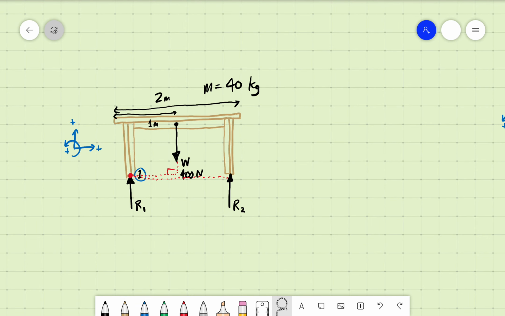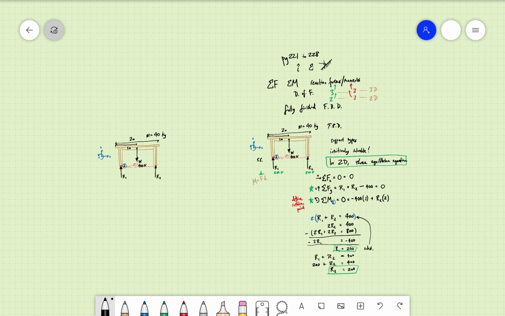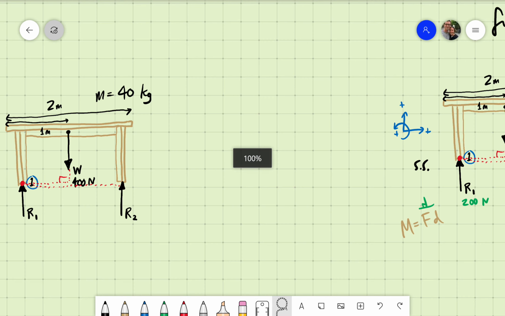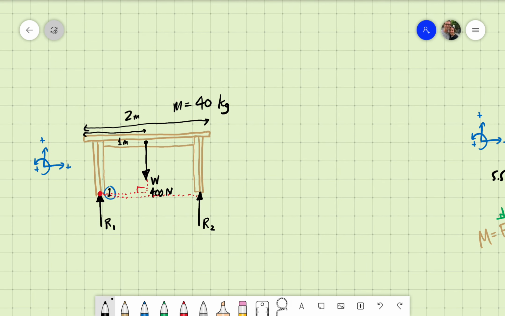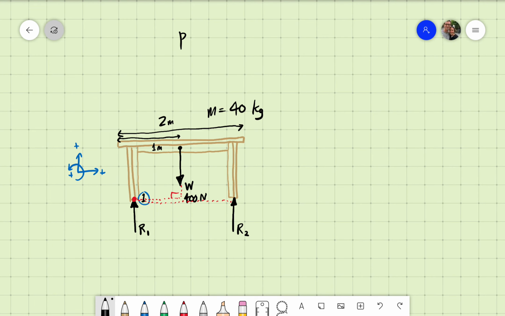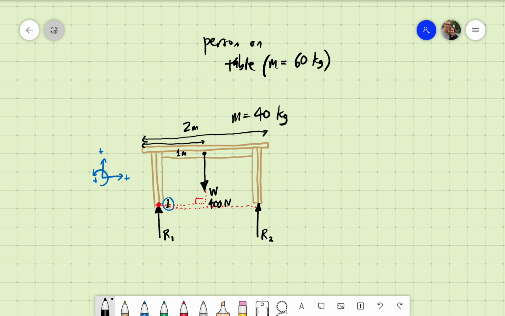Alright, now this time I'm going to change something up a little bit, just to make it more interesting. We are now going to stand a person on the table. We're going to put a person on the table, and this person is going to have a mass of 60 kilograms, kind of an average-ish adult or teenager weight.